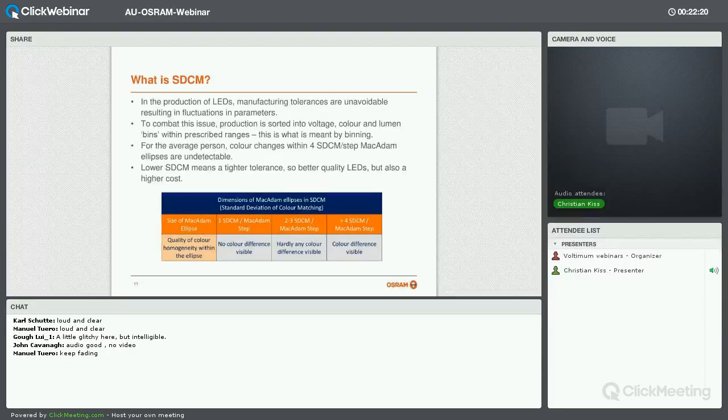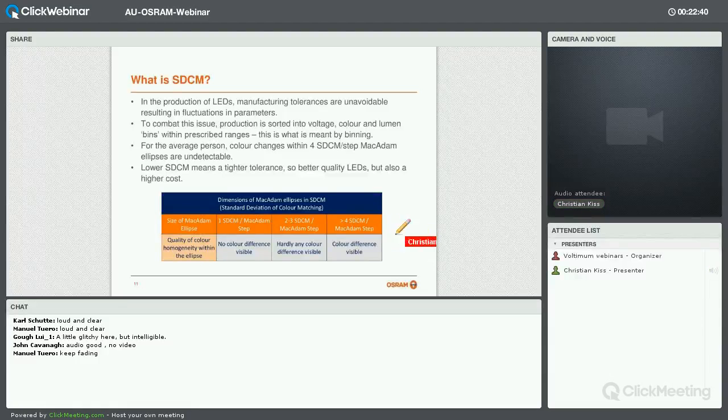Normally it may happen if you buy an LED from a batch at one point, and then 6 months later you buy the same LED, it might be from a different batch. You may have a slight noticeable difference in the appearance of the color temperature itself. For example, it might be slightly cooler or warmer, even though it's still 3000 Kelvin as an example.